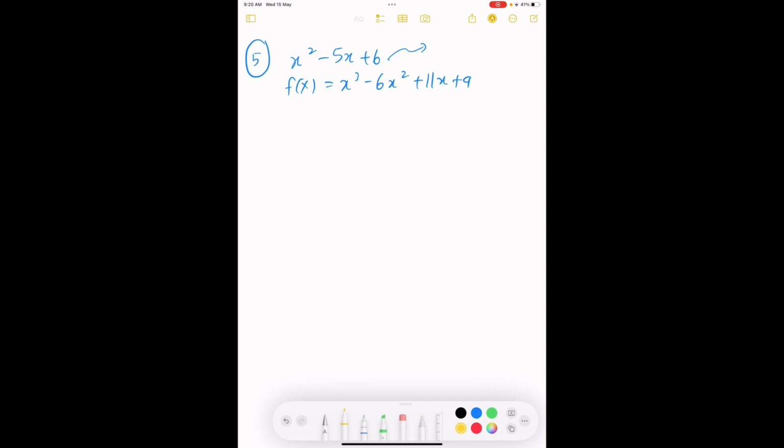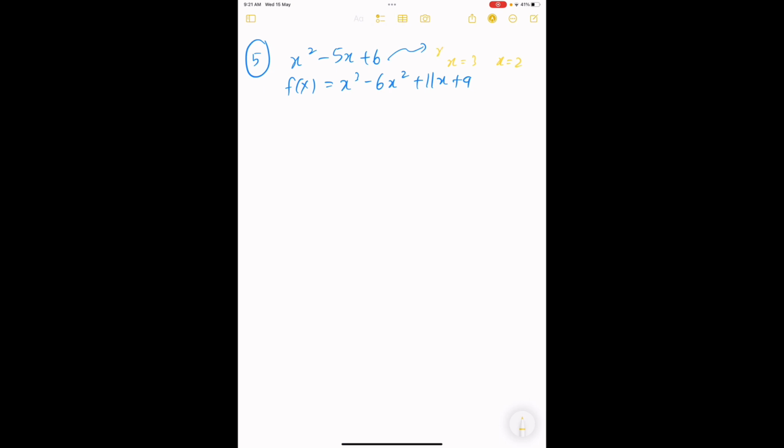Okay, so for number 5, given you x squared minus 5x plus 6, and f(x) is x cubed minus 6x squared plus 11x plus a. Okay, so from here, you will get two factors, you use EQN, you will get x equal 3 and x equal 2.